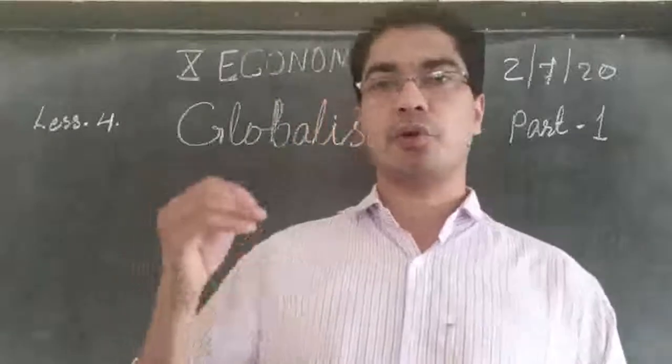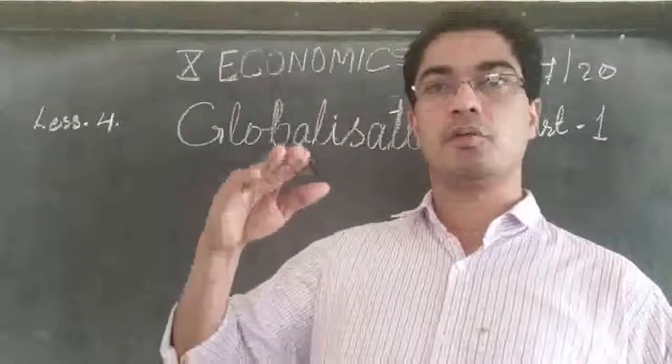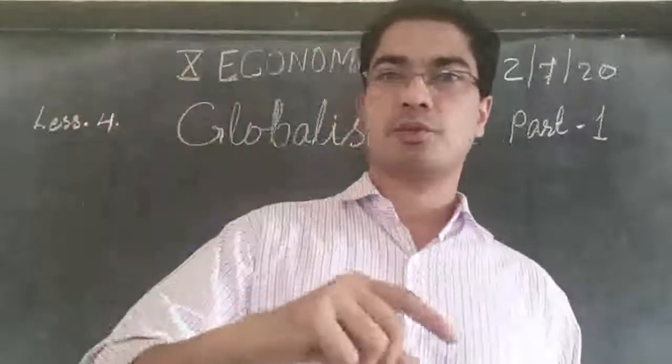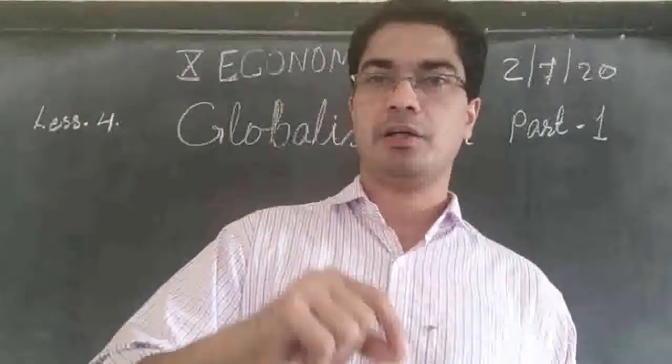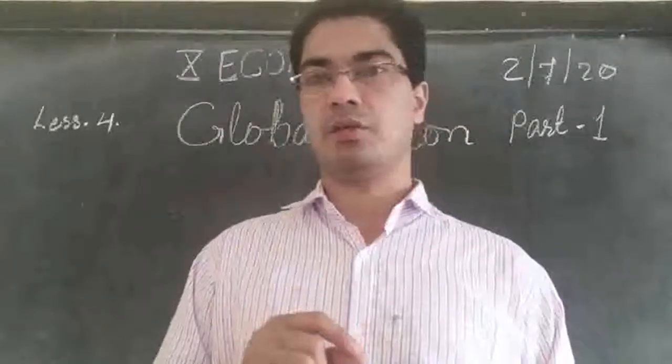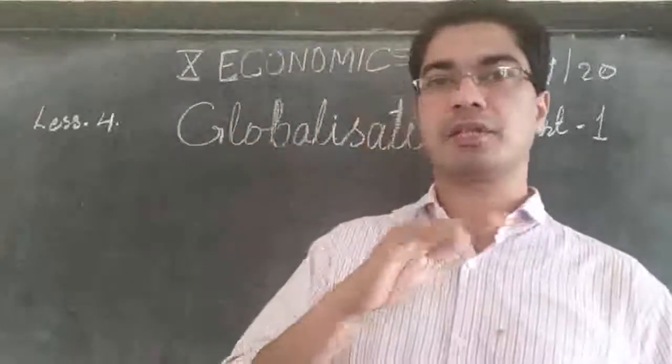A thing that is produced in America will be costly because their labor charge is very high, and the same thing produced by that American company in India costs less because the labor charge is less here, but they will be selling it for the same price.